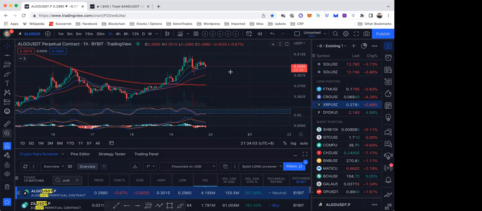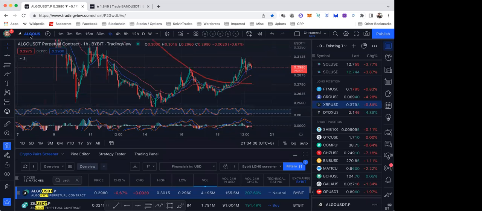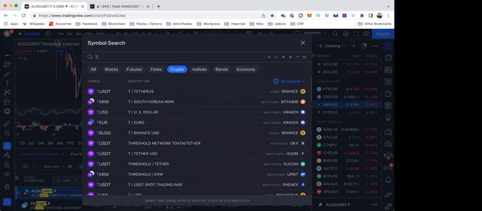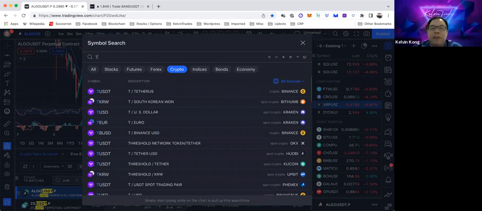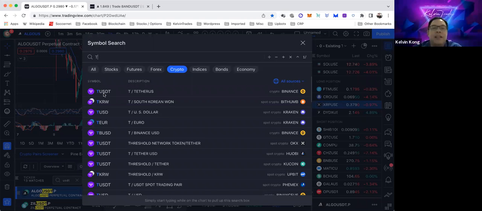Kevin, there's a pump on T coin. You want to take a look? What coin? T/USD? I've never seen or heard of this coin before. I think it's a stable coin.